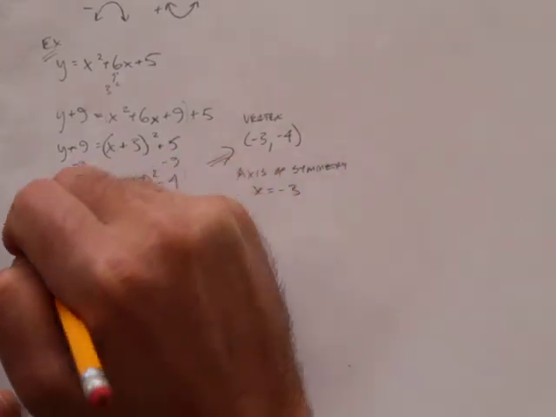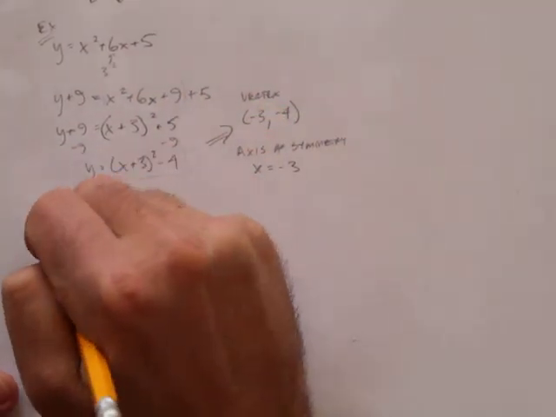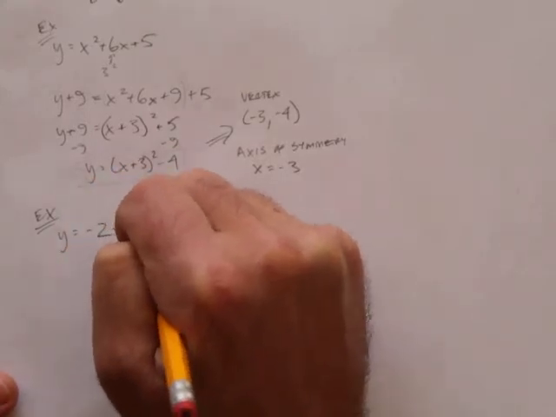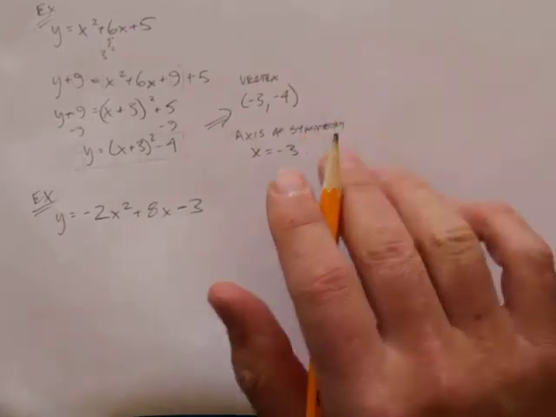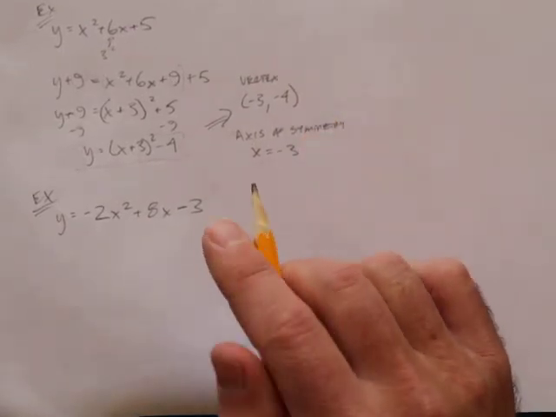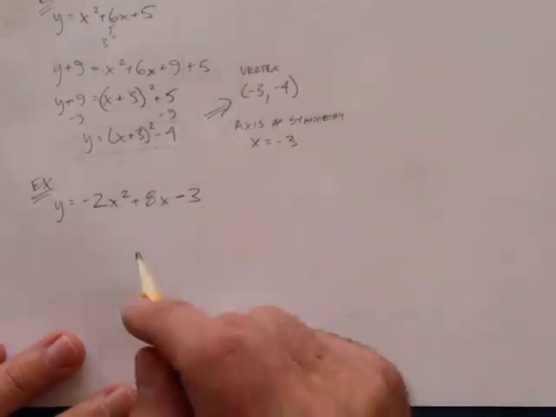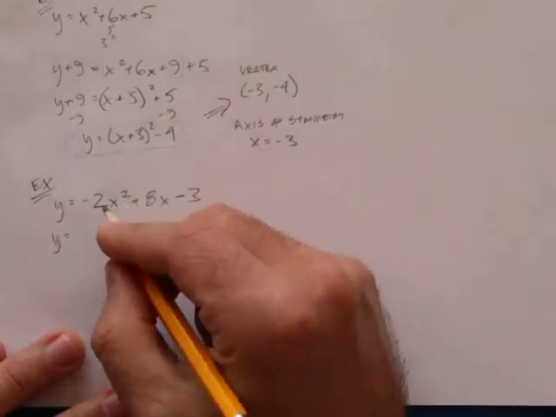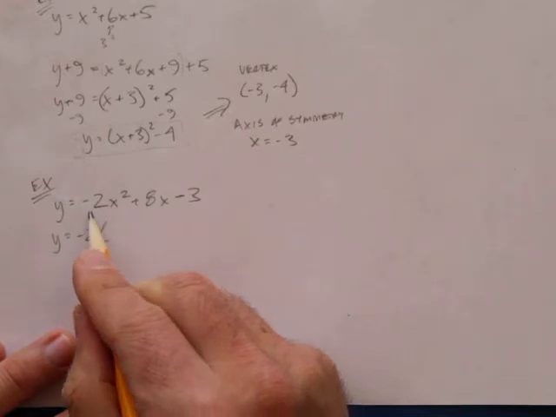Let's do another one. y equals -2x squared plus 8x minus 3. Okay, so now I've got a difficult scenario, but we can handle it. I'm going to factor -2 from this section here.